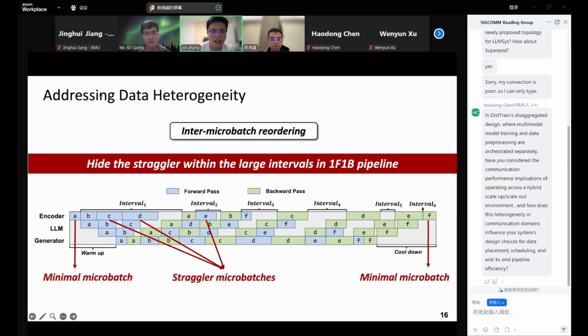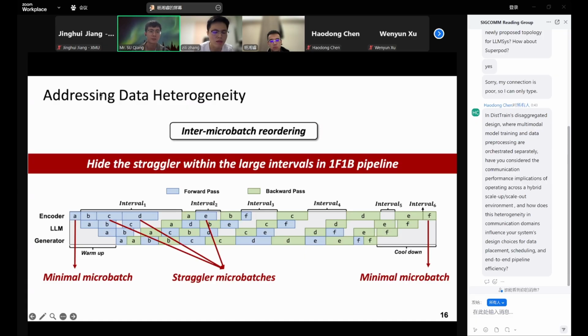If you just collocate the prefill and decode, the communication is transmitted by NVLink, which is very high bandwidth. But with disaggregation, the transmission is maybe through RDMA, which is somewhat low bandwidth. So I think communication is a very big problem.